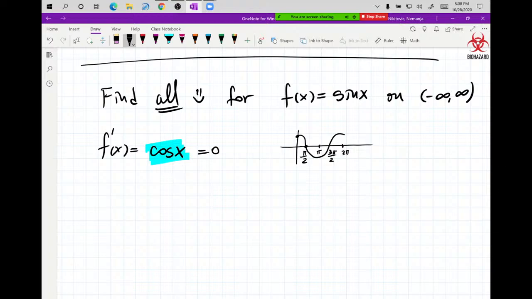So I know that the cosine is going to have zeros at x equals pi over 2 plus 2n pi and 3 pi over 2 plus 2n pi.